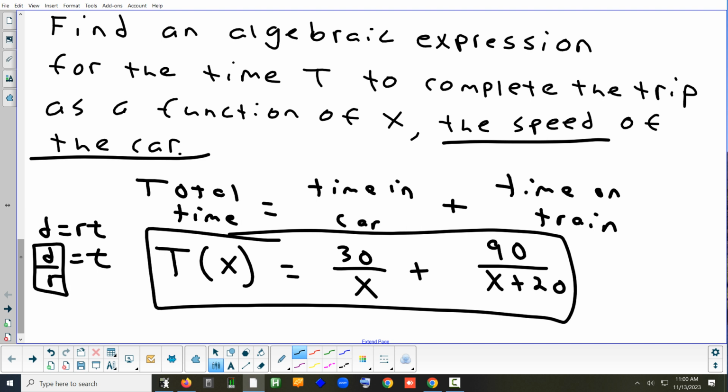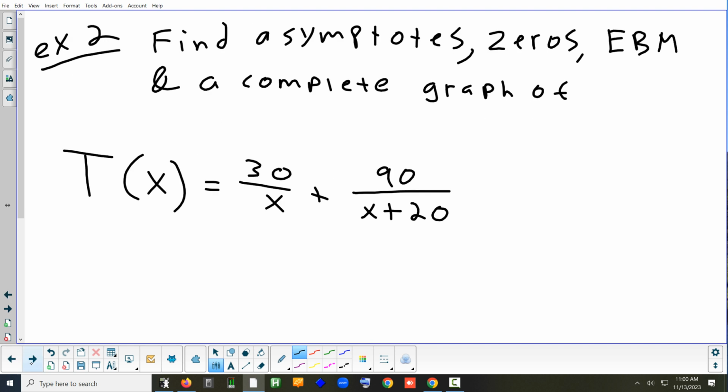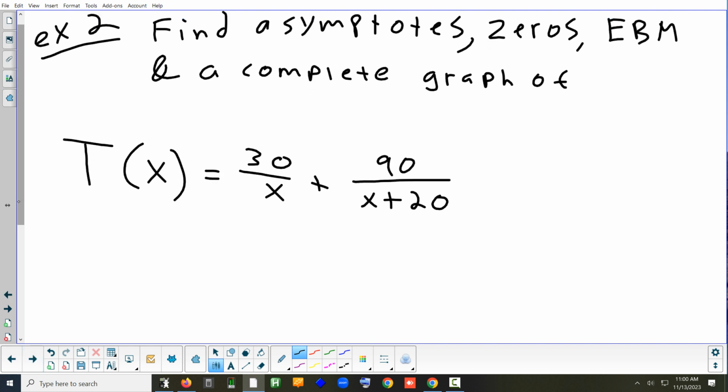But for now, we can leave it like that. So we'll come back to that formula. And now they want us to use that formula to figure out a few things that we looked at last week: any asymptotes, where it crosses the x-axis, the end behavior model, and then we'll sketch it on the calculator.